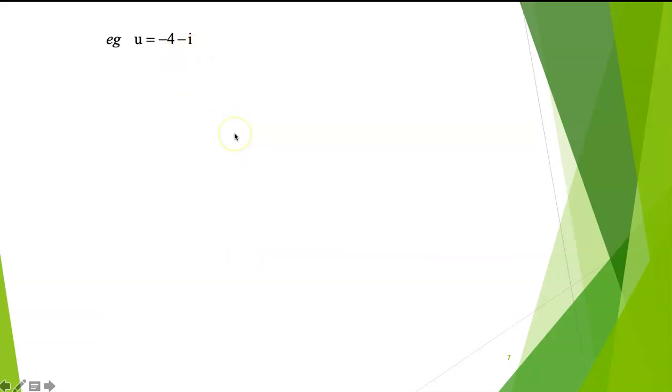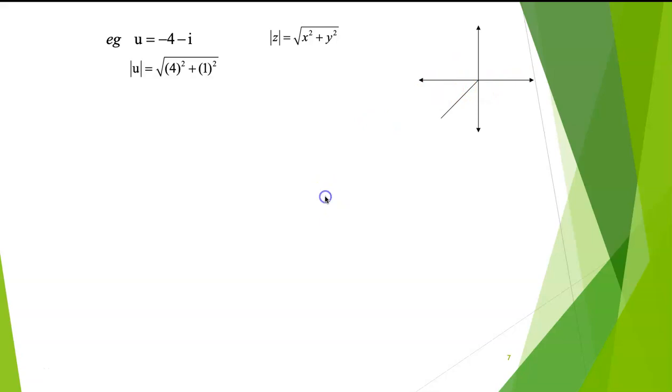Next question, negative 4 minus i. You're going to use the r or the modulus. So this is in your third quadrant, so you know you will have to do 180 plus theta. Calculate the modulus first. Then you're going to calculate using sine or cosine to calculate the theta.